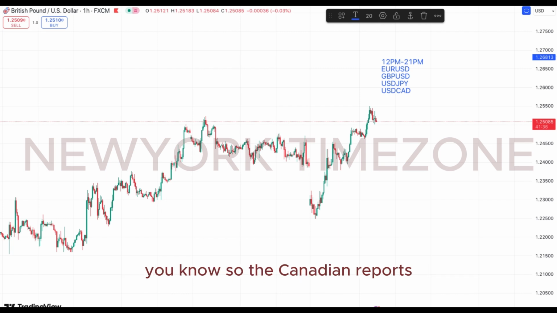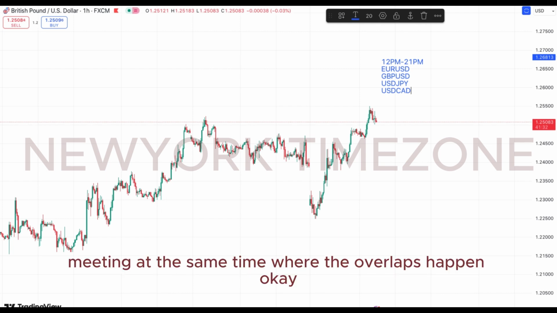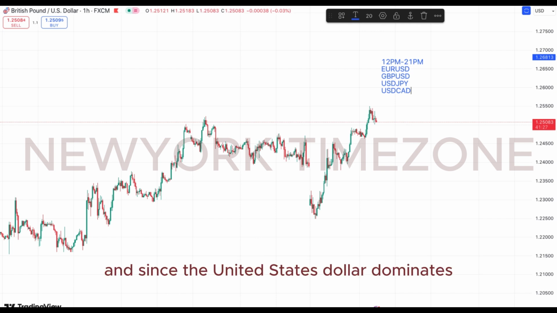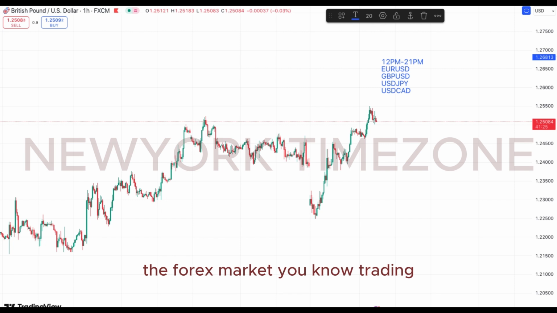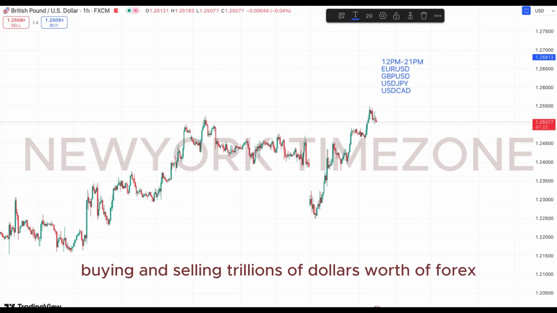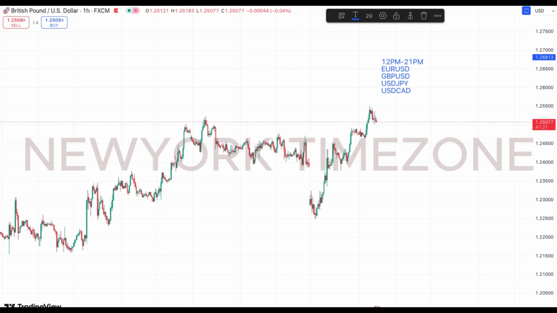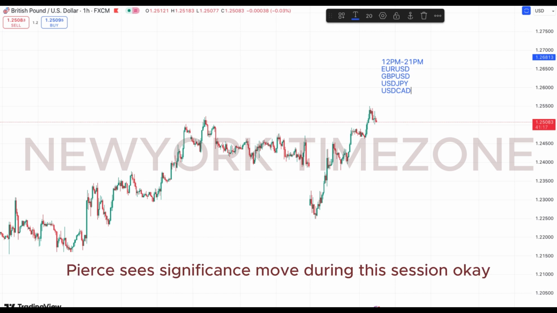So the Canadian reports and the UK reports are meeting at the same time where the overlaps happen. And since the United States dollar dominates the forex markets, trading, buying and selling trillions of dollars worth of forex pairs, most United States dollar pairs see significant moves during this session.